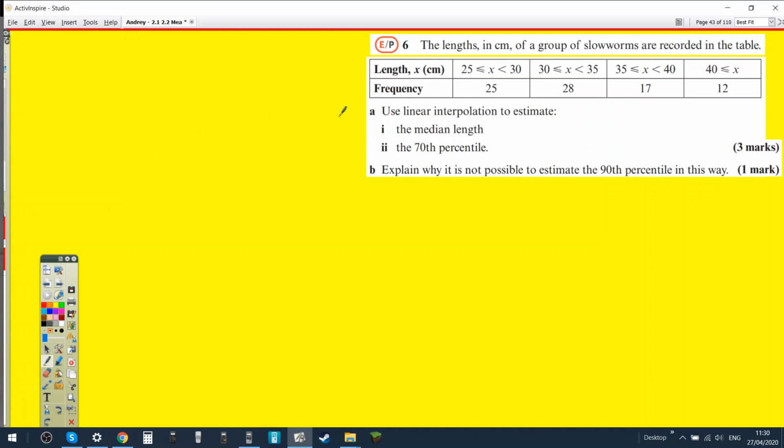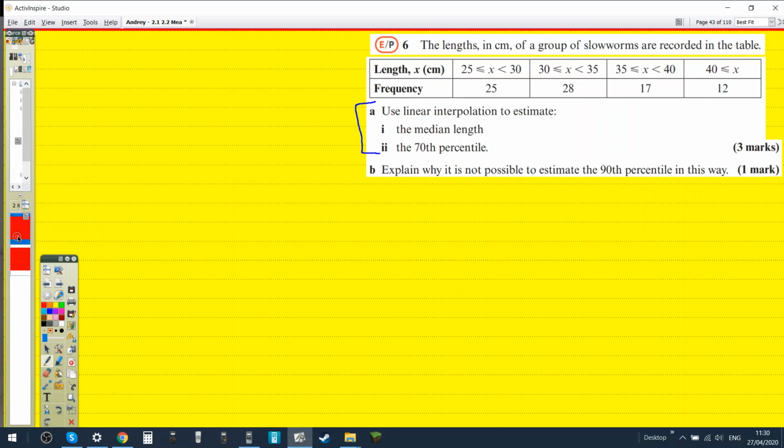Are these worth doing? These are similar. Yeah, probably. Okay. So for median length, do I have to add up the frequencies and divide it by 2? Yep. And I got 41.